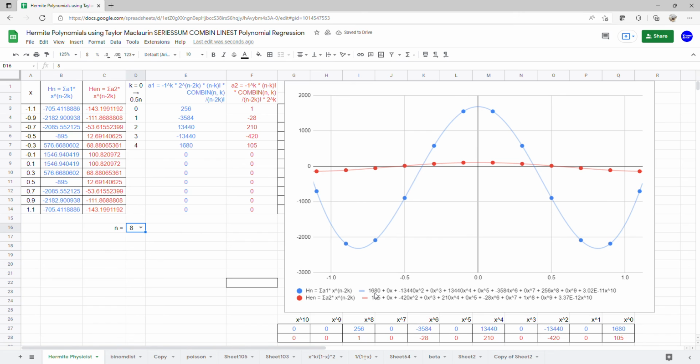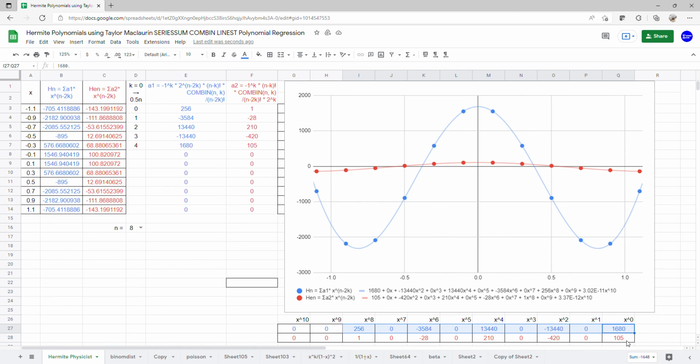X to the 8th. So here we have 256x to the 8th minus 3,584x to the 6th, plus 13,440x to the 4th, minus 13,440x squared, and 1680.